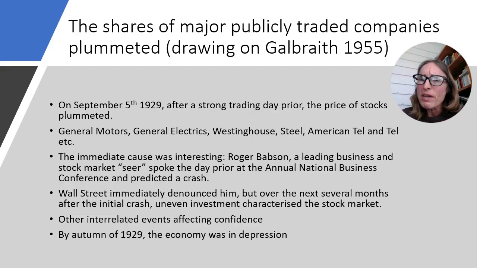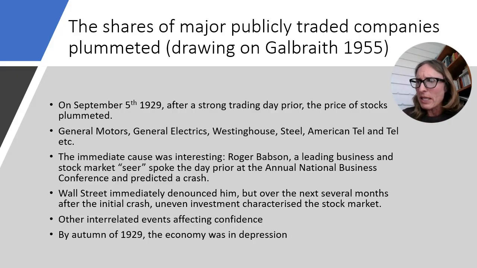But over the next several months after that initial crash, uneven investment characterised the stock market, with other interrelated events also affecting confidence. There was the discovery of fraudulent behaviour in the London investment markets.